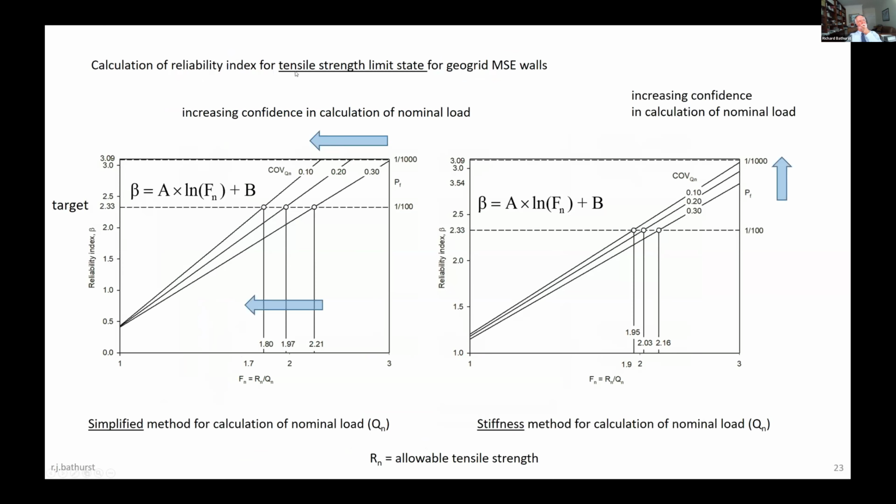For example, here we have the tensile limit state for the reinforcement in an MSE wall, and for a target reliability index, say 2.33, which is 1 in 100, he can reach across, intersect the level of understanding curve that they want to design for, high level, typical, low level, and then reach down and touch the horizontal axis that tells them what the minimum nominal factor of safety must be for the design of that layer.